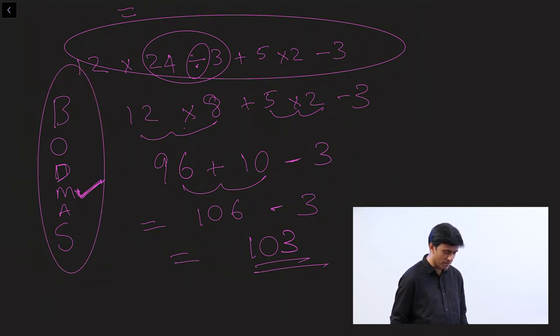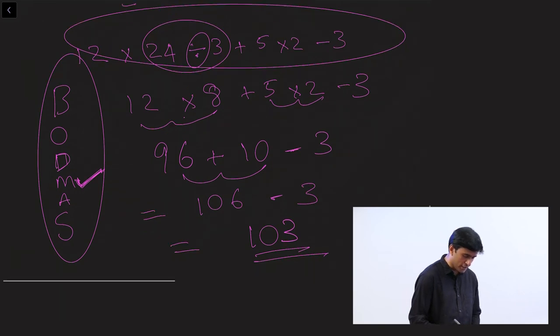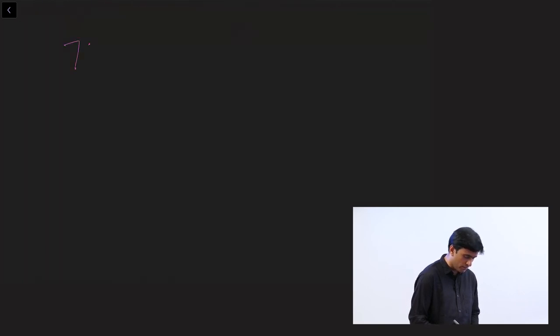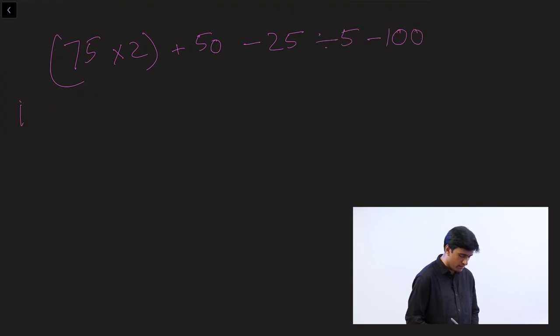Let's look at another example. Here's your expression: 75 into 2 plus 50 minus 25 divided by 5 minus 100. How can we solve this? Look at this.